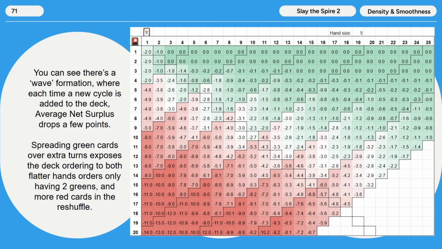I did mention way back at some point that smoothness, if you have a smaller deck that recycles and reshuffles less often, will probably be smoother, and this is represented here in the numbers. And if you do take your deck to an extra turn before cycling, you do see this negative shock to the expected surplus of the deck.